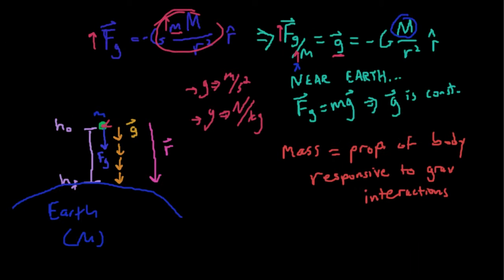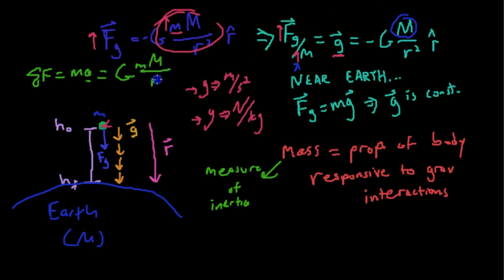And you might be thinking, in the past, I've described mass as a measure of a body's inertia, right? Resistance to changes in motion. And it turns out that mass is this, and mass is also this. And if we look at sum of forces equals m times a, this mass is the inertial mass, the measure of the inertia. If gravity is the only force acting, then this mass is the gravitational mass.